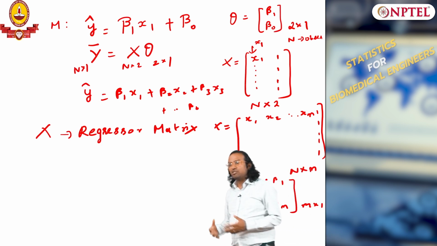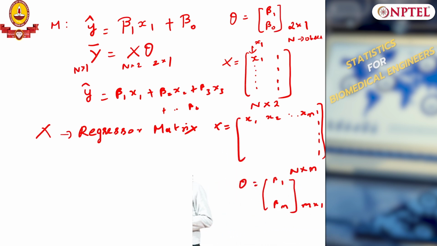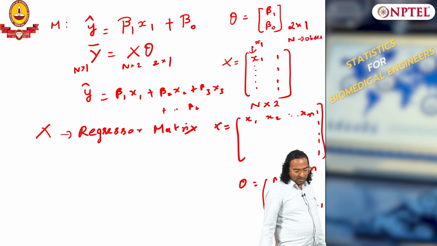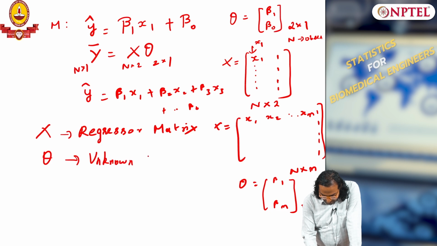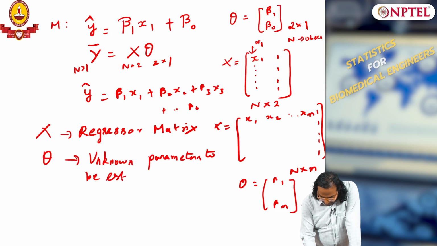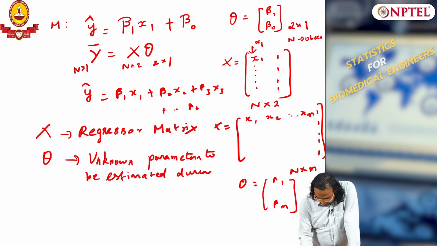It contains all the inputs that will explain your output Y, right. So, that is what it is regressed. So, this is your regressor matrix and your theta is your unknown parameters to be estimated during training.